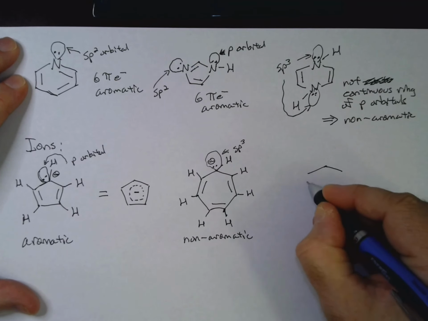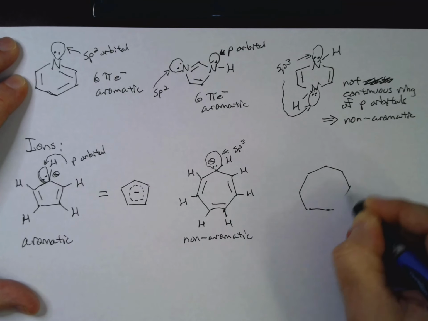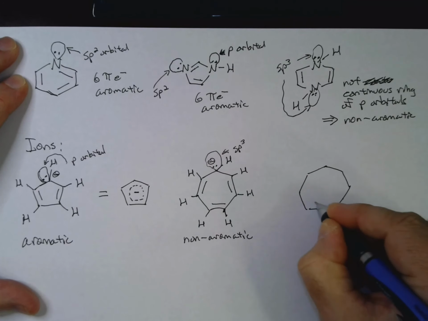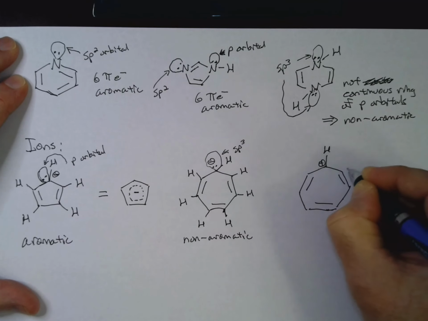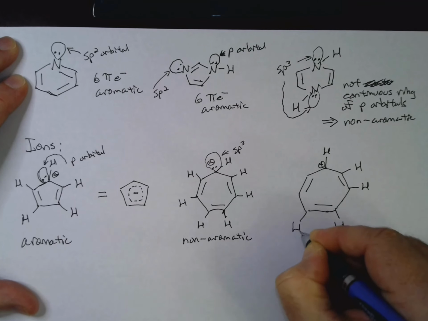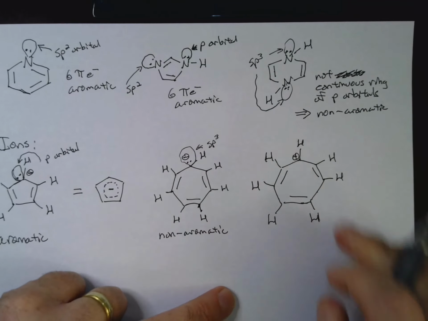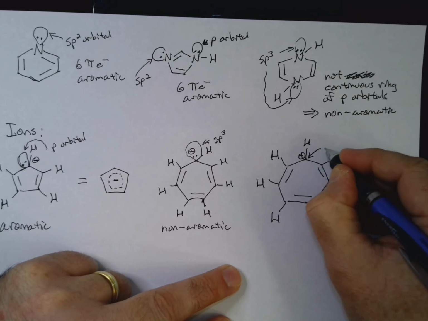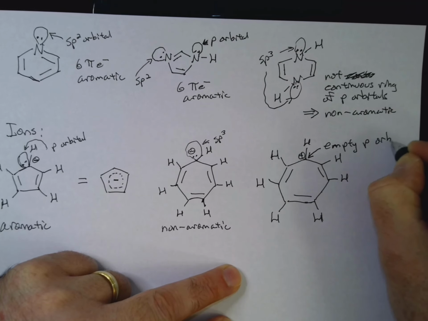What if we had, instead of the anion, the cation? What if we had this guy? Well, now, what's going on here? We have an empty p orbital.